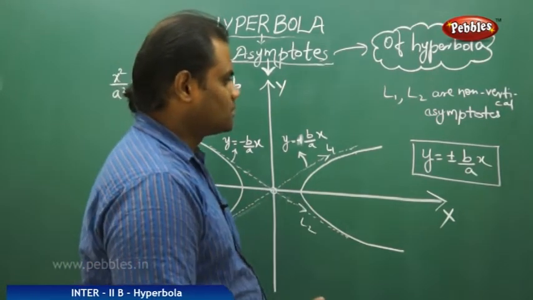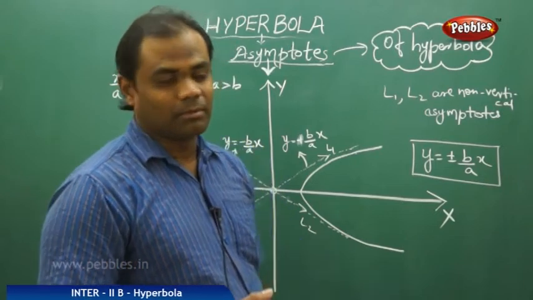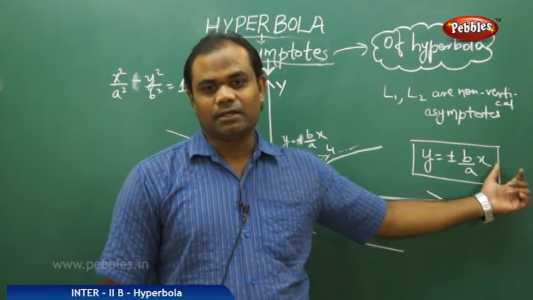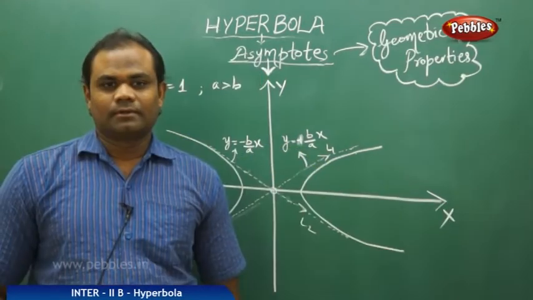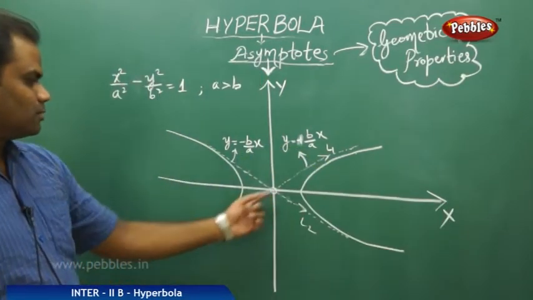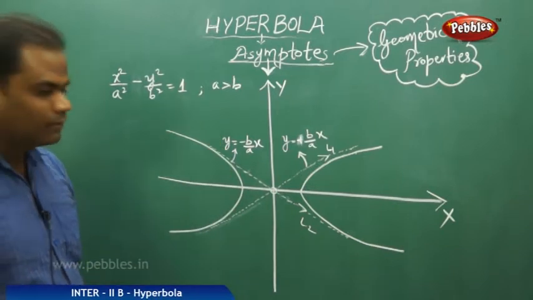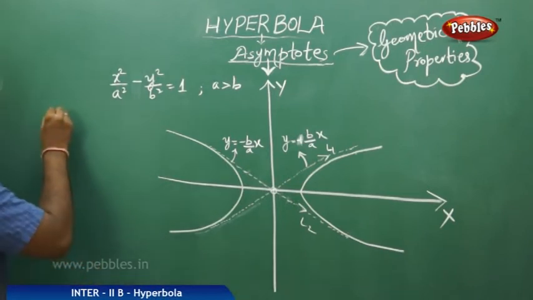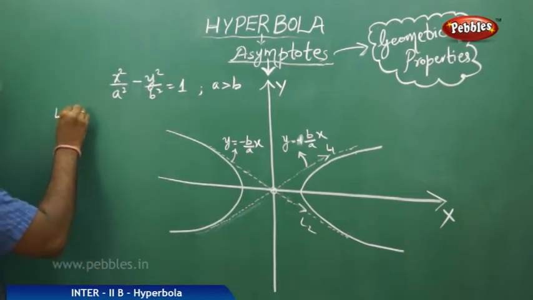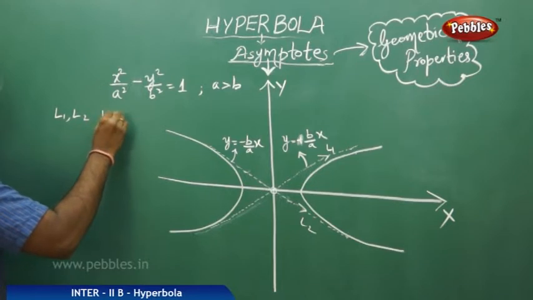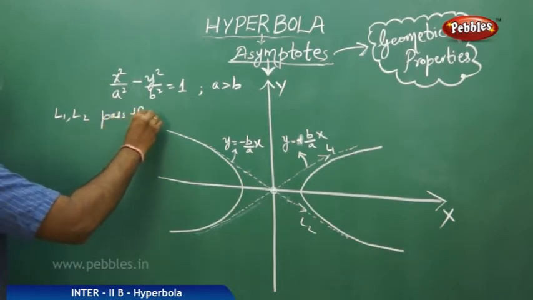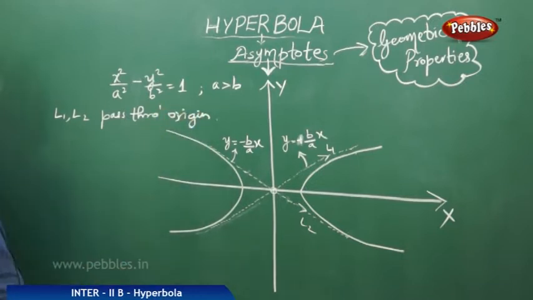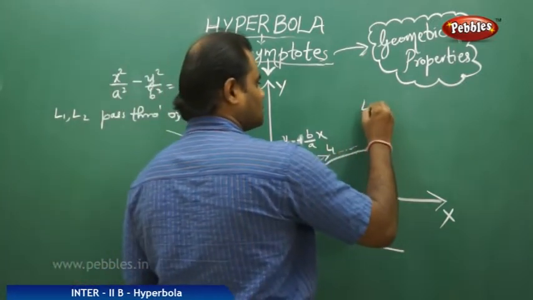So asymptotes for a standard form of hyperbola are y equals plus or minus b by a times x. Now that we have seen the two asymptotes for the hyperbola, we clearly see that the two asymptotes L1 and L2 pass through the origin, which is what we identify in these two cases.